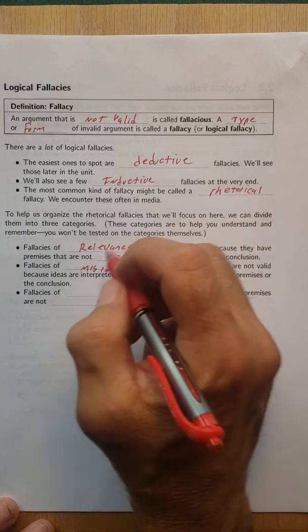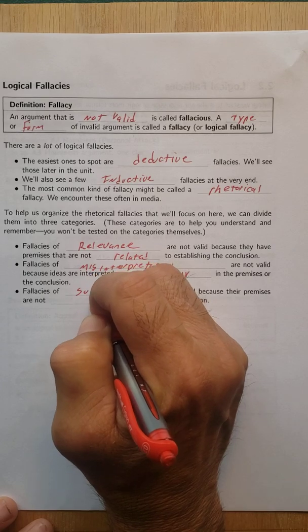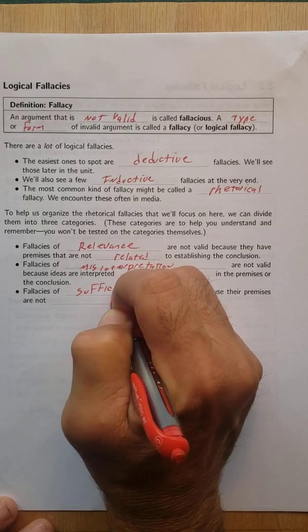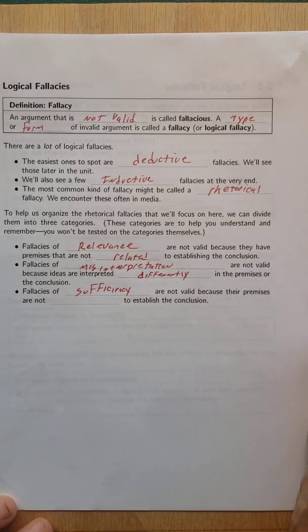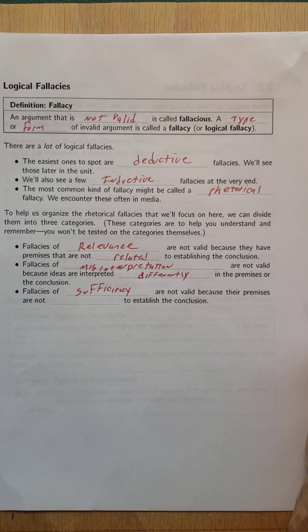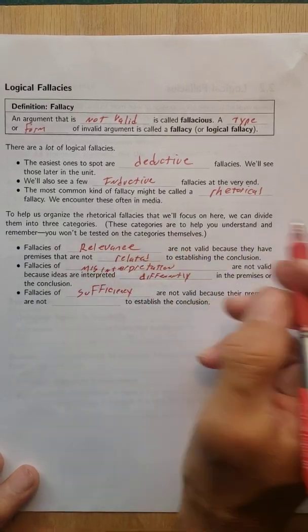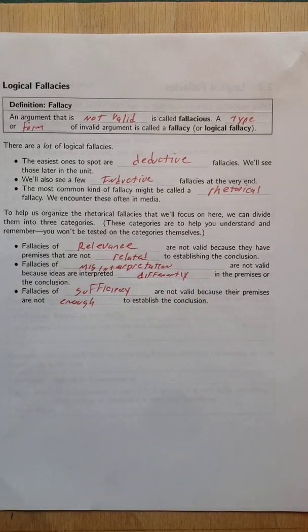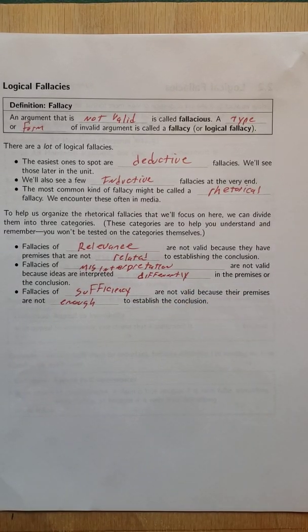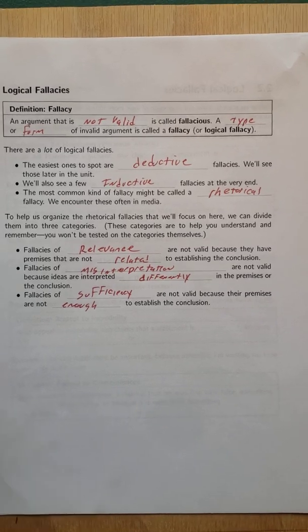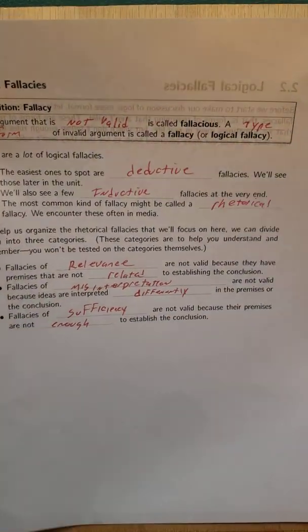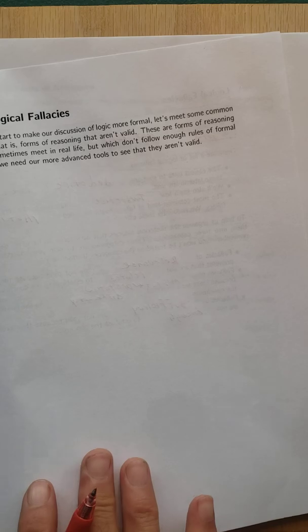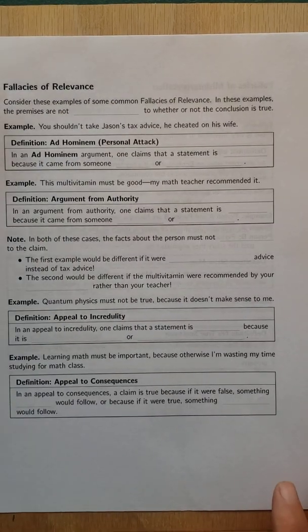And a very common one here is sufficiency. Fallacies of sufficiency are not valid because their premises are not really enough to establish the conclusion. There's just not enough information to come up with the conclusion that we're trying to reach. You'll see here in a second.